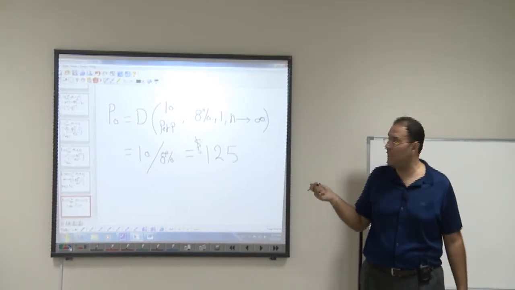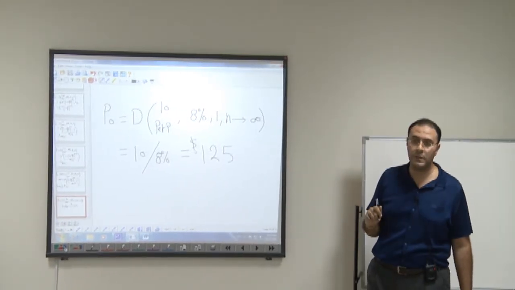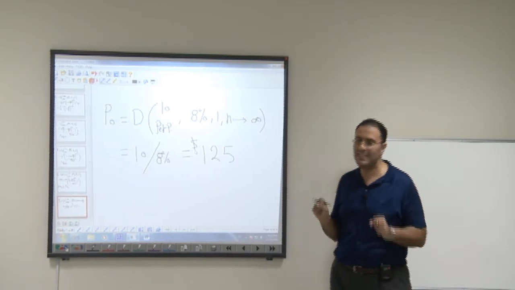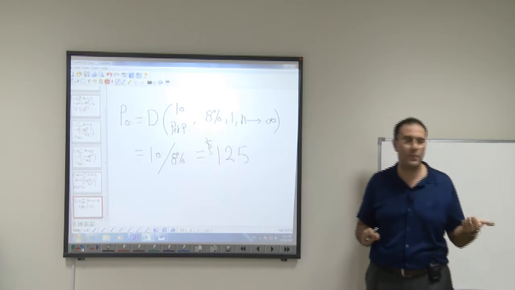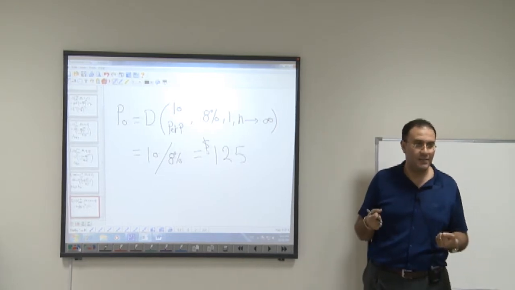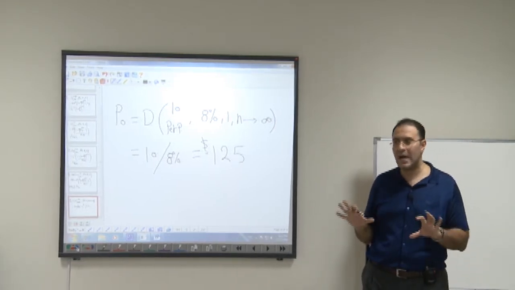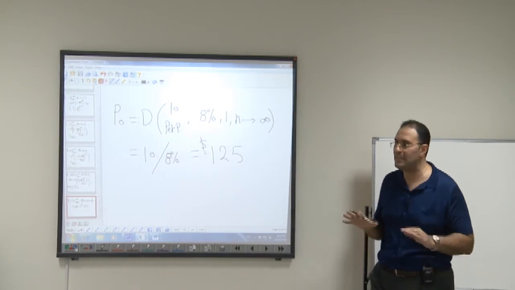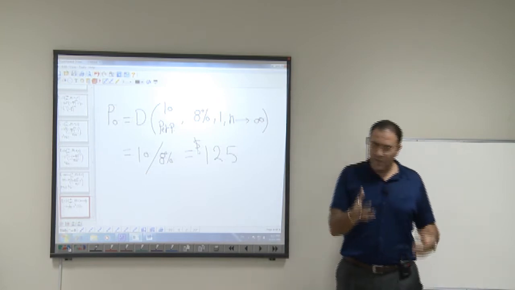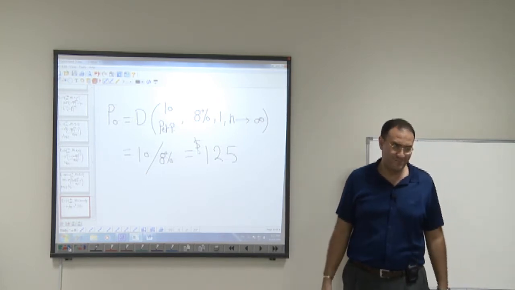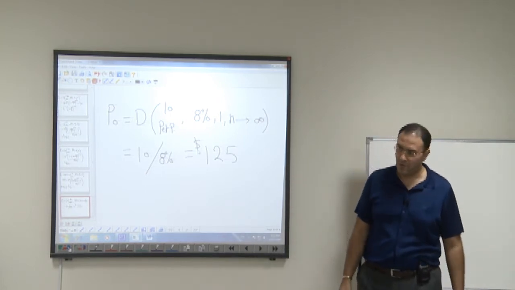This is how we do a perpetuity, right? It makes sense to discount a perpetuity. It doesn't make any sense to compound a perpetuity. Why? Because an infinity of dollars cannot be promised.